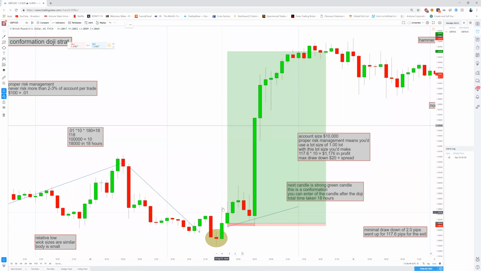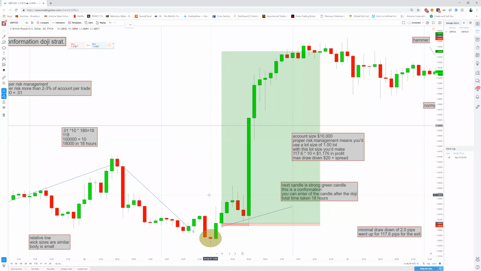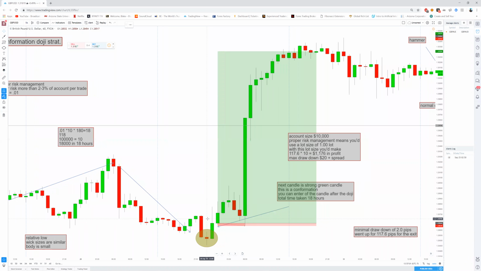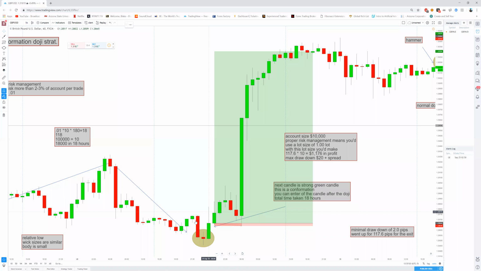We want to include this wick, and including the wick and the whole entire body of the candle, we want to see it being larger than the previous candle. In this scenario, counting the wick, this green candle here is larger than this red one before the doji.